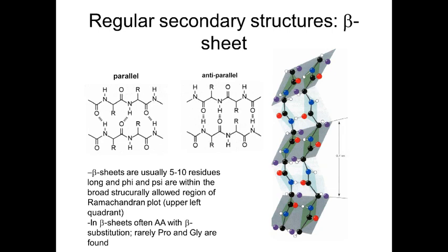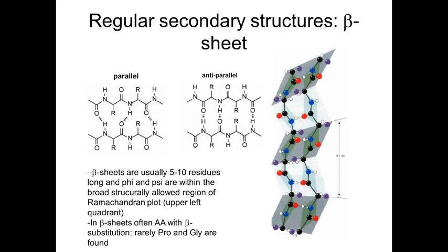What you see is a kind of roof-like structure, and always at the top of the roof, the side chains that are connected to the alpha carbon atom of the amino acid stick out, perpendicular to the plane of the roof, either on this side or on the other side of the beta sheet.